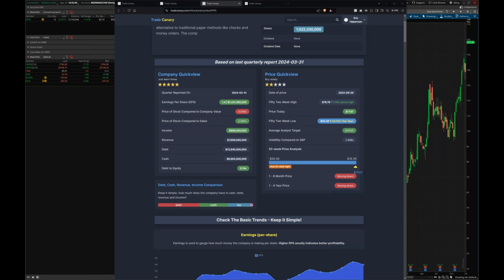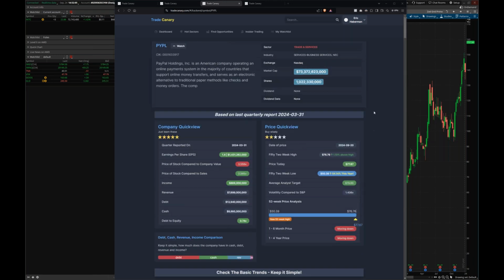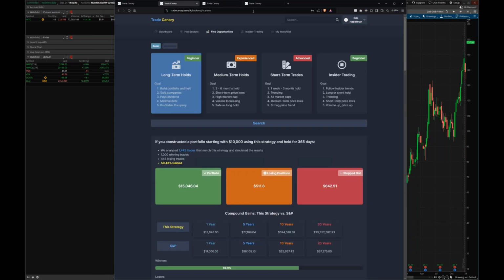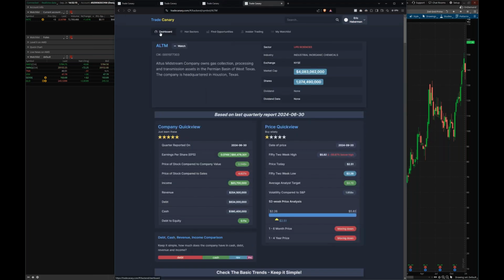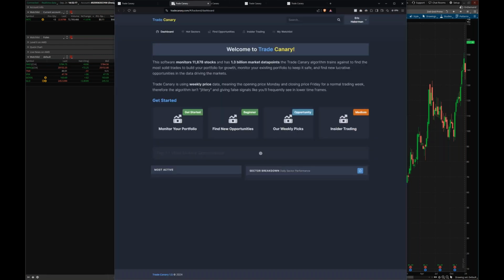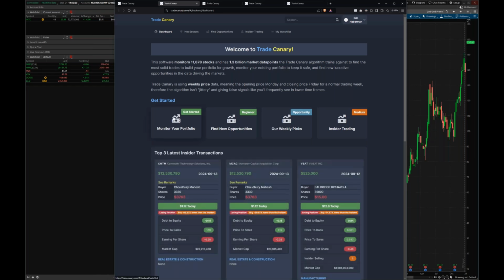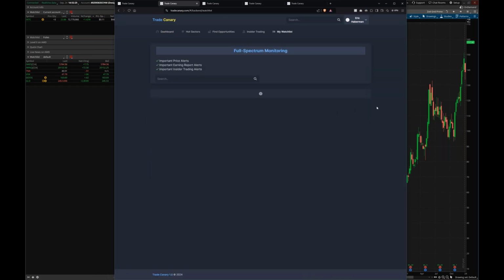So Trade Canary, getting started with this then. This is our window into opportunity generation, idea generation. Sorry, looking for the dashboard here. So first thing you're probably going to want to do, if you're holding stocks or you've got an idea, you bought your first one share, let's go over to monitor your portfolio.